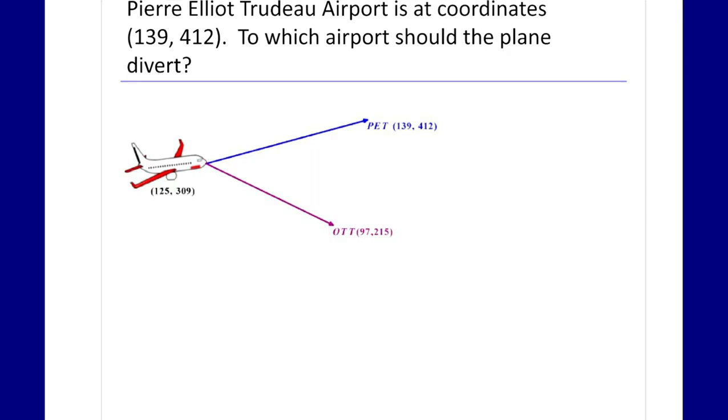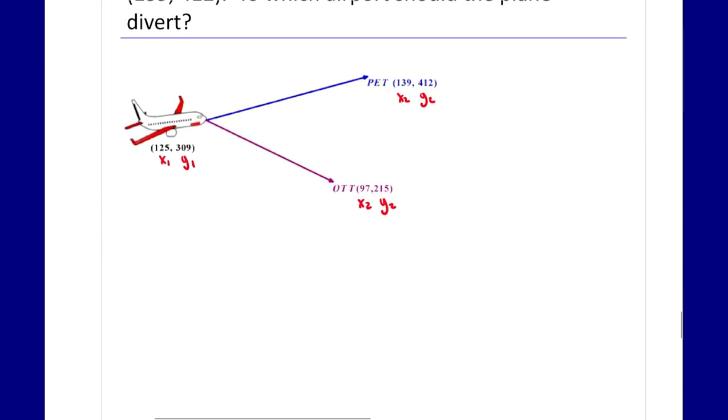Let's call the plane coordinates x1, y1. And the other ones, we can call them x2, y2, both of them x2, y2 for our purposes, because in our formula we only have 2 points. When we go through and do the calculations, we could say the distance to the Pierre Elliott Trudeau.